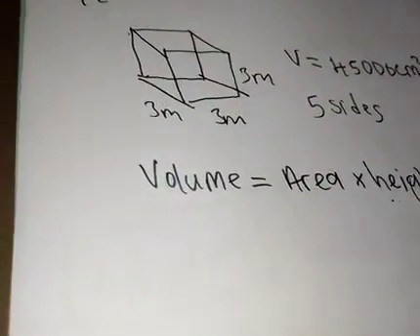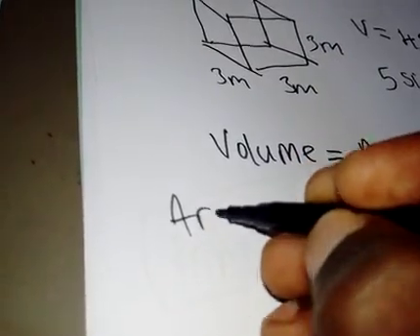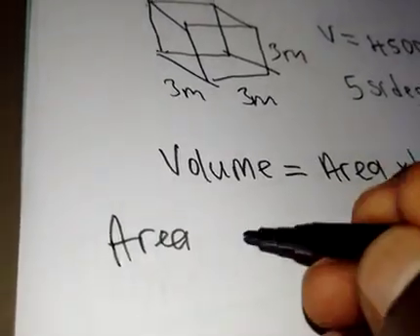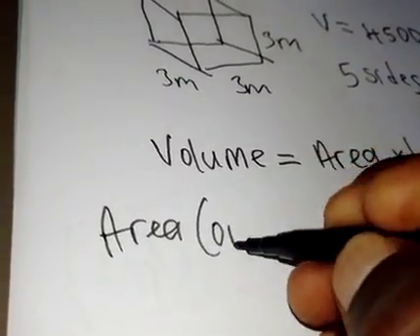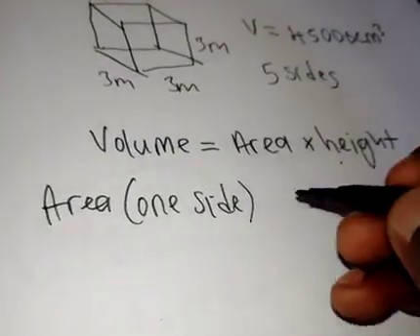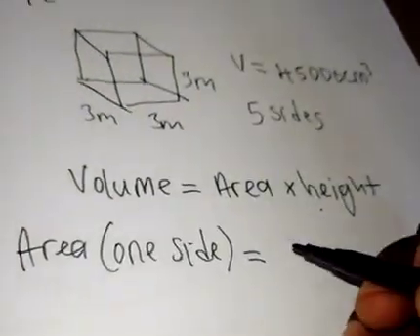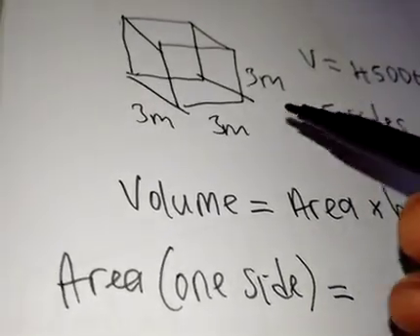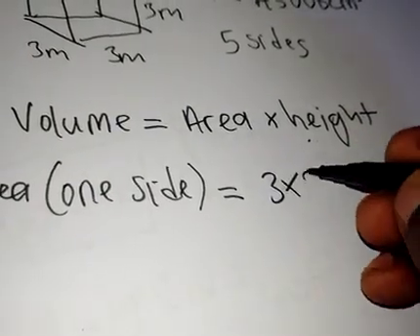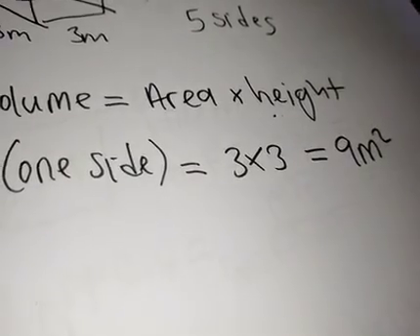So we'll say area of one side first. So area of one side will actually be equal to, simply multiply, this is a square, so 3 times 3, which is simply 9 square meters.